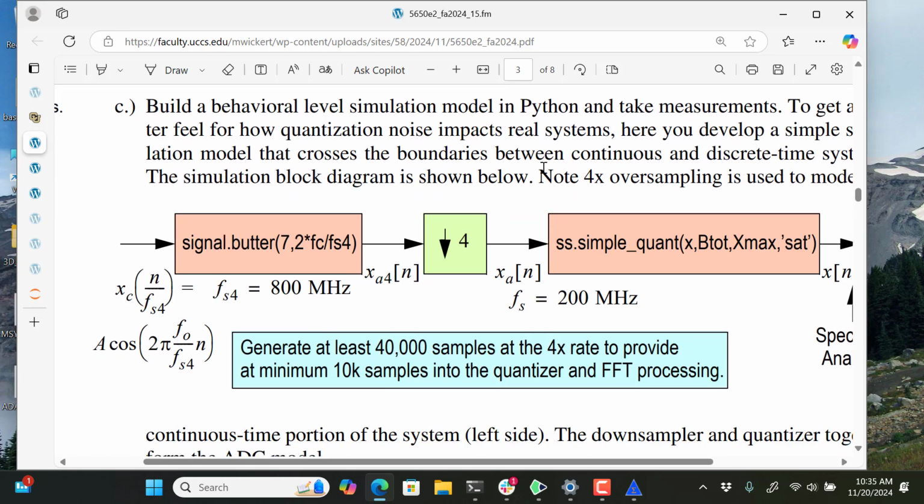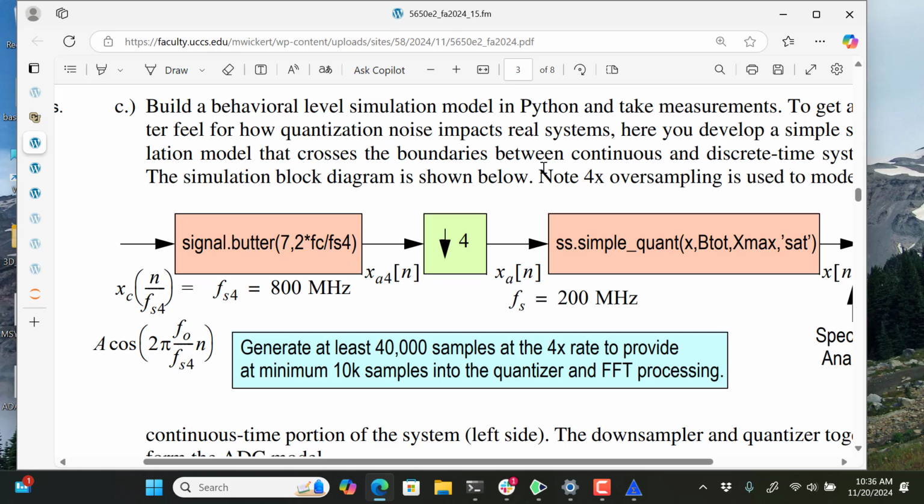So you'll oversample at 800 megahertz and just build this Butterworth filter. It'll be A and B coefficients will come out of it, and you'll use that in your model to simulate what's going on in the analog domain. Then you'll decimate by 4 to take it back to 200, and then come in and quantize it and see what's going on with the signal to quantization noise ratio.